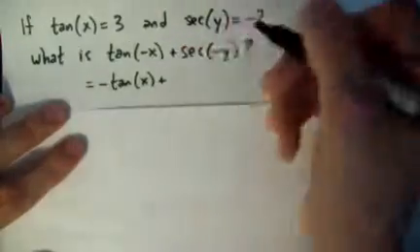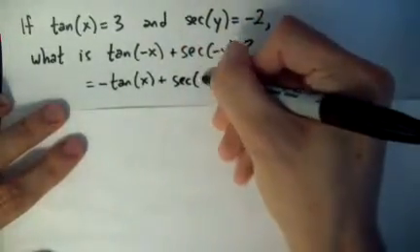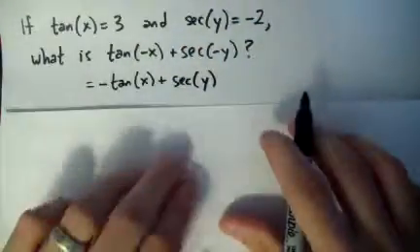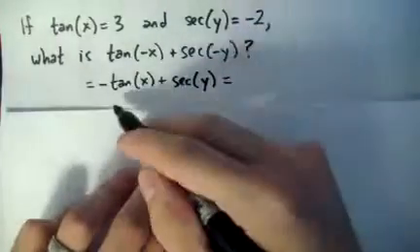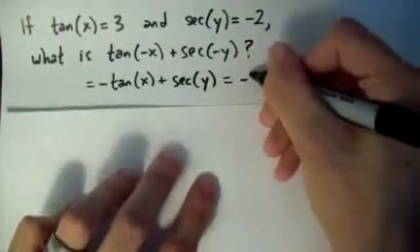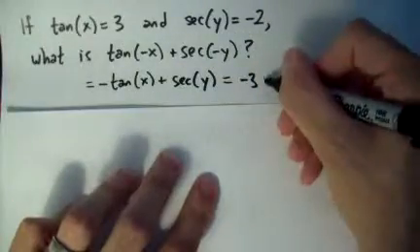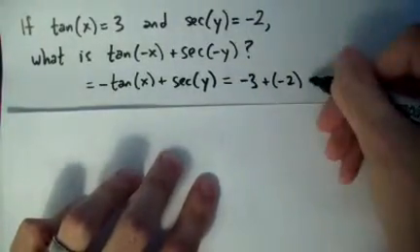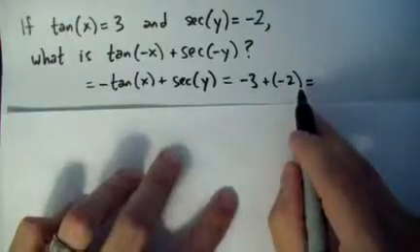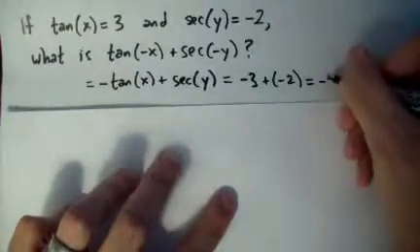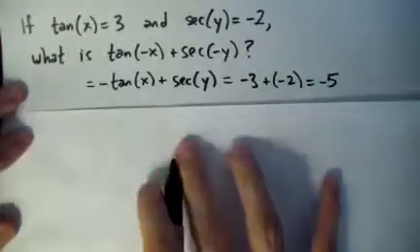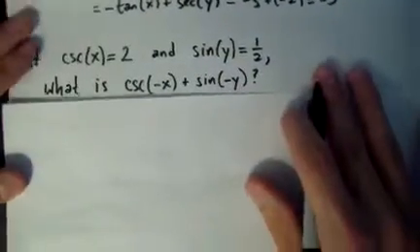So this is just going to be regular secant of y, and so we get minus tan of x, so minus 3, plus secant of y, which is minus 2, so plus minus 2, and so these combine to give us minus 5. Alright, that's another example.